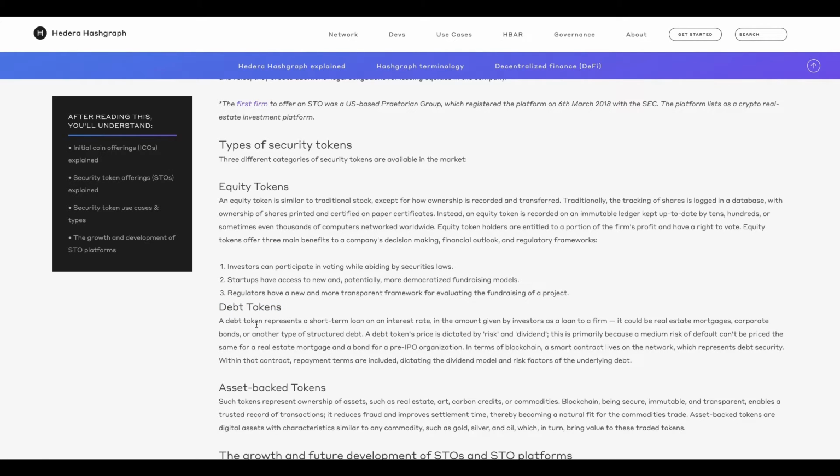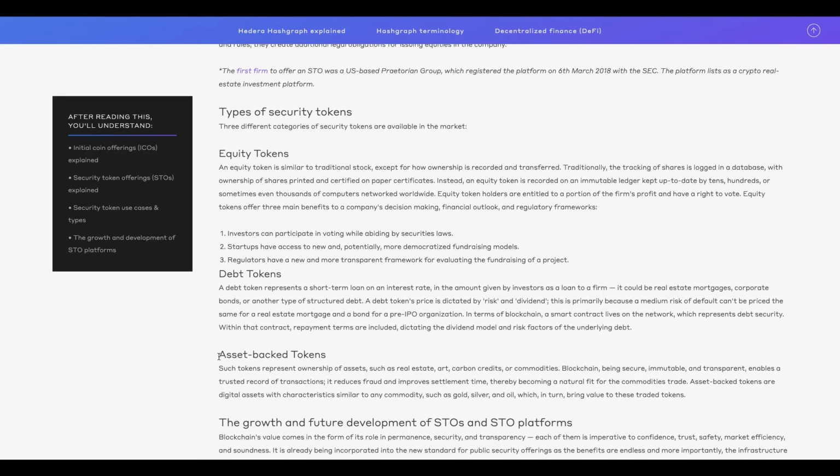By the sound of it, this is like loans, I guess. A token used to opt in to loans if you have, yeah, like it says, debt. You know, use this as a way to pay something on a monthly basis or something like that. And then asset-backed tokens, similar, by the sound of this, to something like a stable coin.